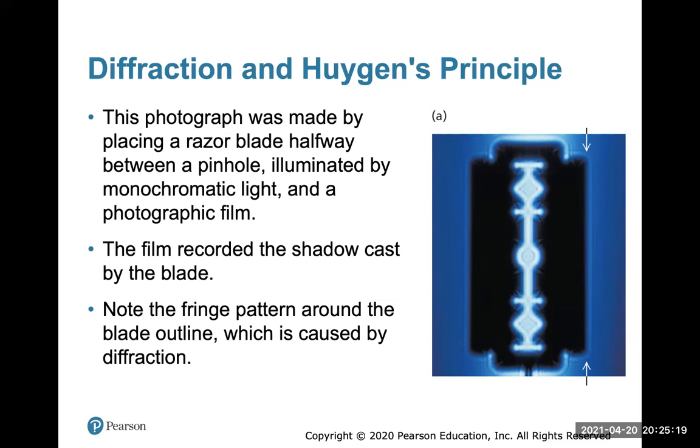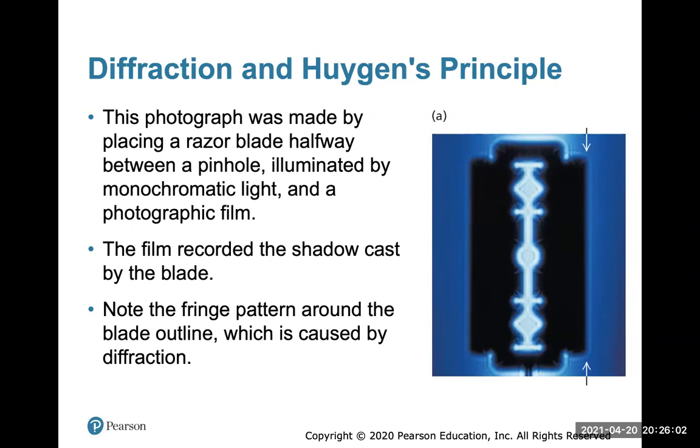Which is fine, except that right at the edge, there's one more point source. Like we have a whole bunch of sources coming past the razor blade, but right at the edge of the razor blade, just next to it, there's one last Huygens point source, which is doing spherical propagation.